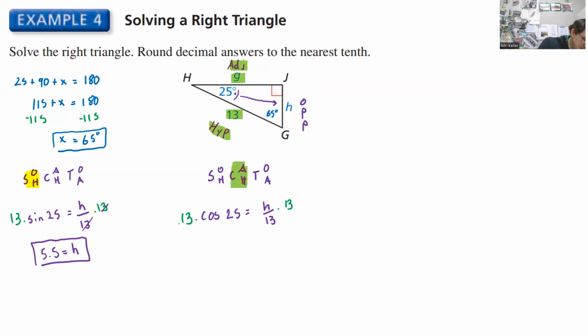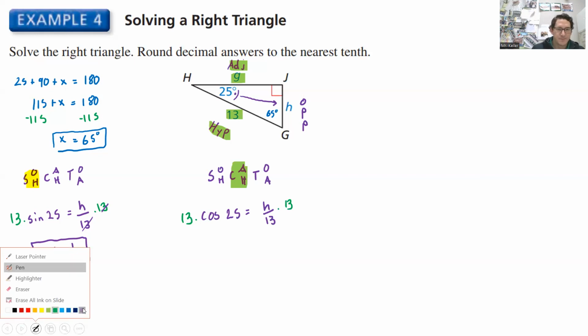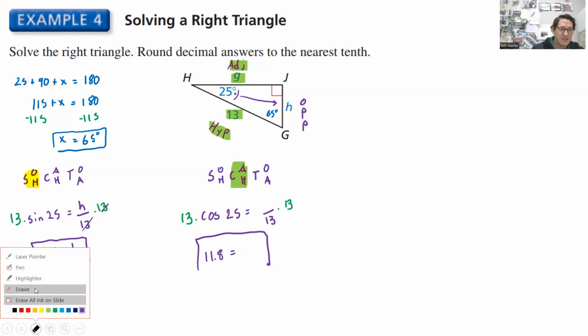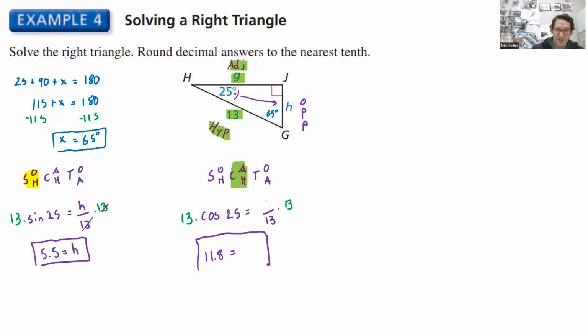So 13 times the cosine of 25 comes out to 11.8 rounded. Oh, I mislabeled it. The adjacent, you guys caught this? It's G we're looking for, not H. And so G is 11.8. So H is 5.5 and G is 11.8. And that'll do it for us.